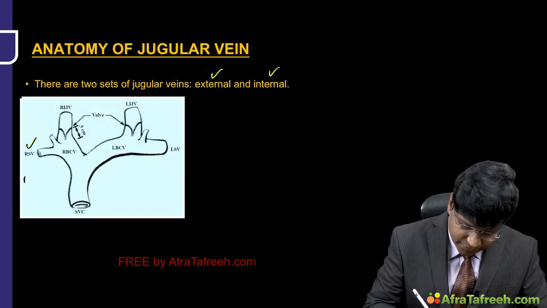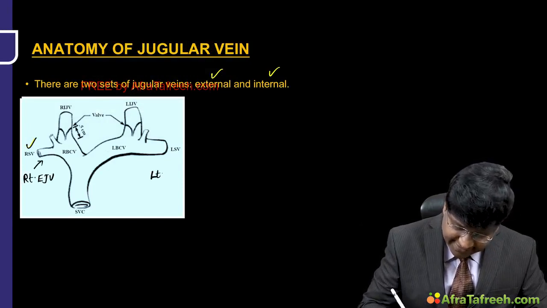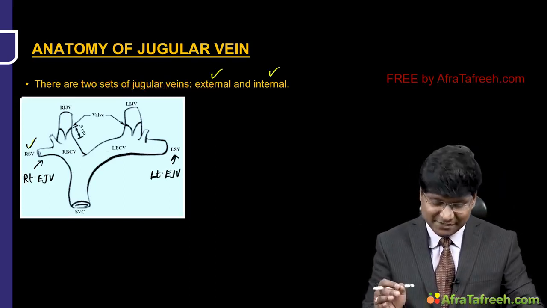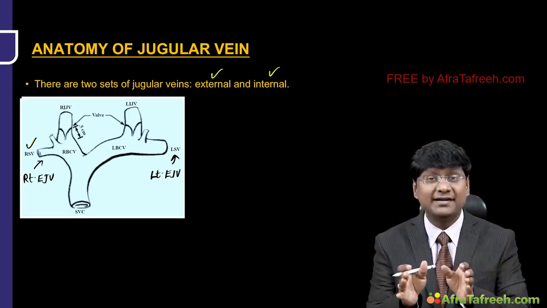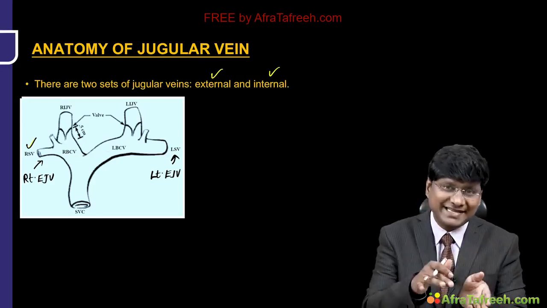The right EJV drains into the right subclavian vein, and the left EJV drains into the left subclavian vein. Now these subclavian veins join with the internal jugular vein.